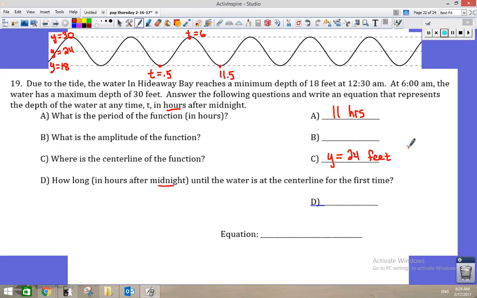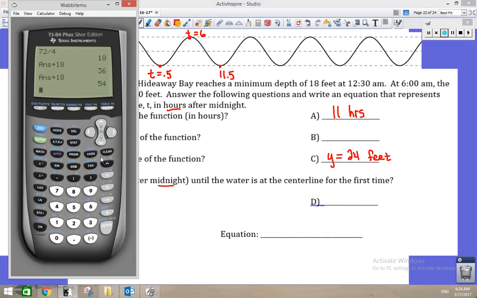Now let's look at a fourth of the period, because this is our equal spacing, 2.75. So if we take 0.5 and we add 2.75, then we'll be up at that center line. That's 3.25. If we add another 2.75, we should get 6, because we'll be up at the max, and we do.